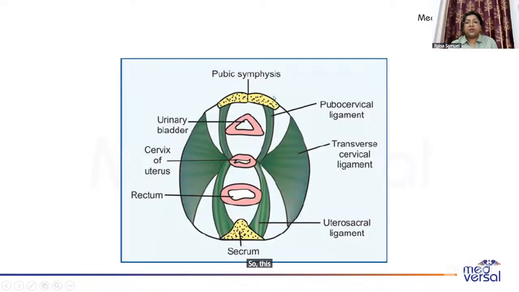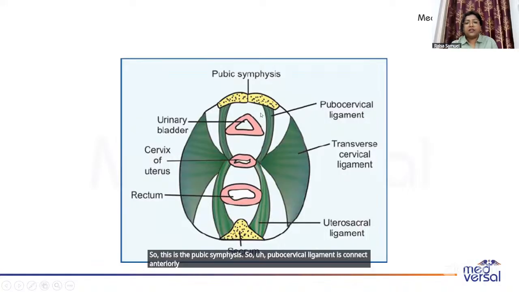So this is the pubic symphysis. The pubocervical ligament is anteriorly supporting the cervix to the anterior pubic symphysis and the anterior abdominal wall. Anterior support it gives.